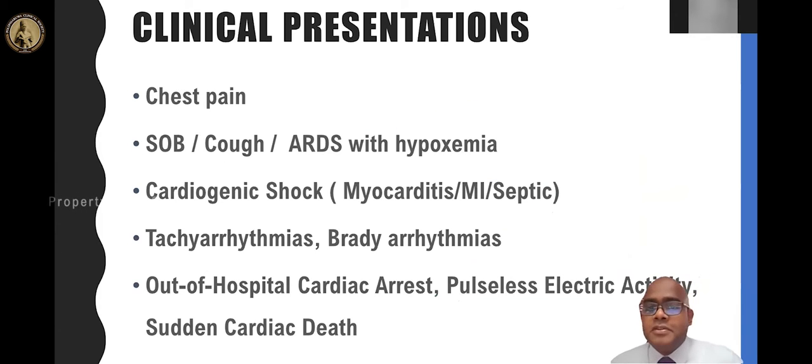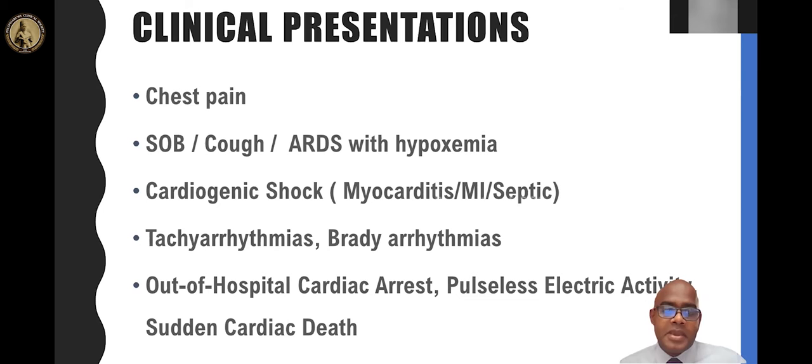So as GPs, most of these patients might be coming to your doorstep, complaining of chest pain, difficulty breathing and cough, and sometimes it's the severe spectrum of ARDS causing hypoxemia on your pulse oximeter readings. And sometimes they might come with very cold, clammy peripheries with low BP, where you have to suspect myocarditis, severe myocardial infarction, or maybe a mixed picture with septic shock.